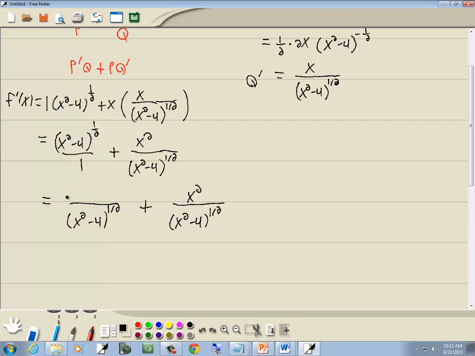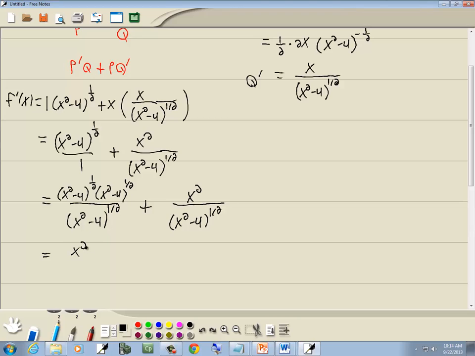Now my first fraction, I multiply the bottom part by x squared minus 4 to the 1/2. I have to multiply the top part by it. So I'll take x squared minus 4 to the 1/2 times x squared minus 4 to the 1/2. Now since these are both x squared minus 4 to a power, I can add the exponents. 1/2 plus 1/2 gives you 2/2 or 1.